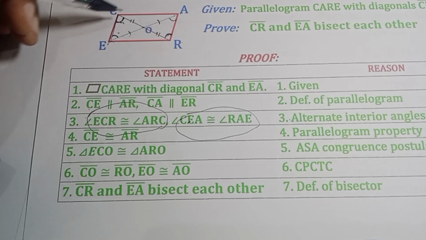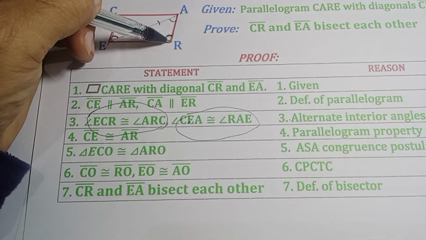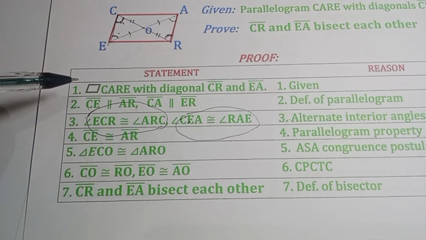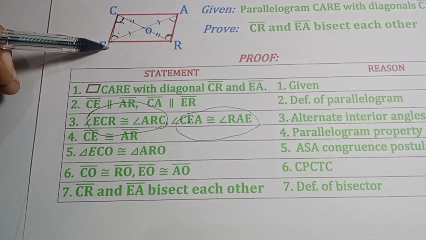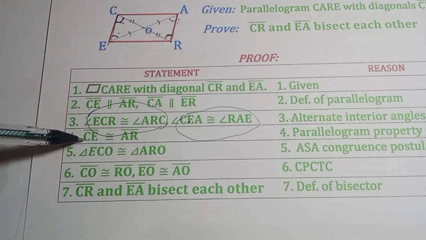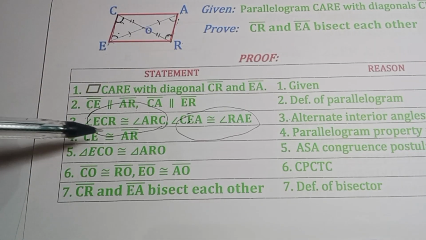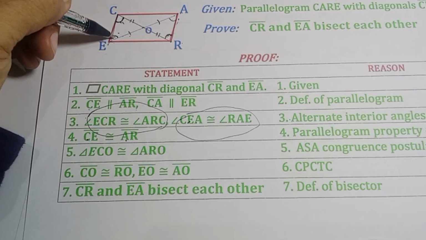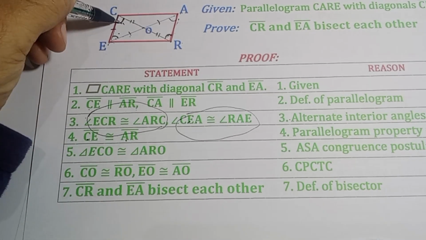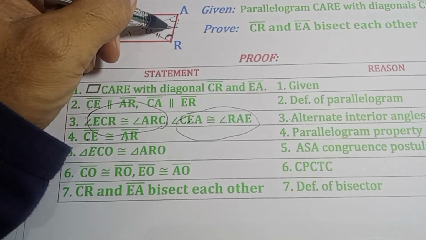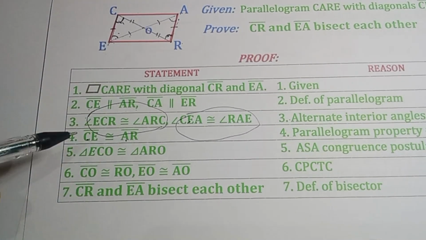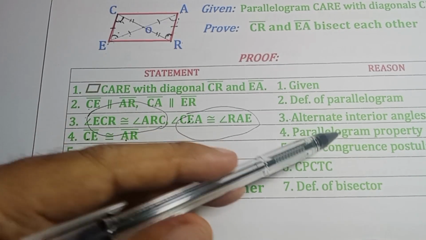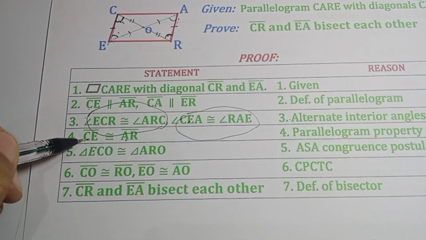This one is congruent to this one by parallelogram property number 1. So we can say segment CE is congruent to segment AR. So we already have 3: angle, side, angle. The reason is parallelogram property number 1.